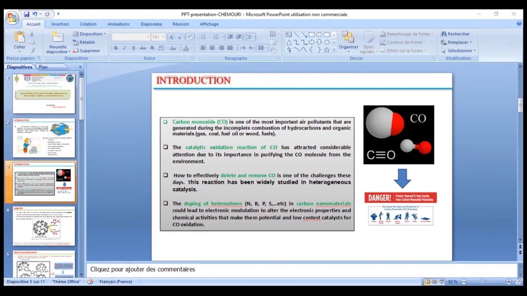The second study is the energy study. The thermodynamic stability of heterofullerenes is determined by the calculation of the formation energy. All calculations show that all heterofullerenes are thermodynamically stable because all the energies are negative.